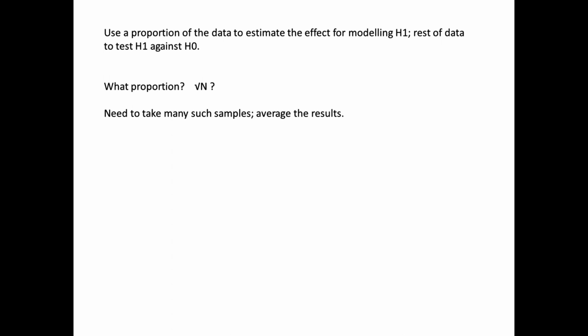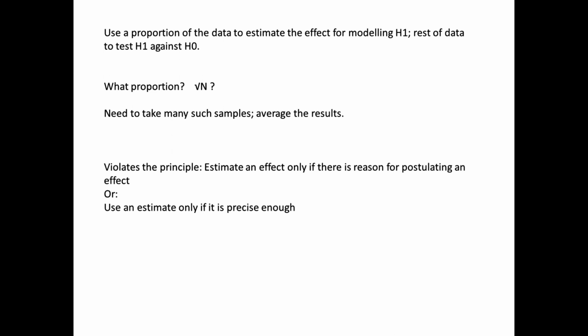My instinctive reaction is an aversion to it, and I've tried to put my finger on why I have that aversion. One is it violates the principle: estimate an effect only after establishing there is an effect. Or maybe you could put it: use an estimate only if it's precise enough. Because sometimes when you select 5, you're going to get estimates that go completely in the wrong direction.